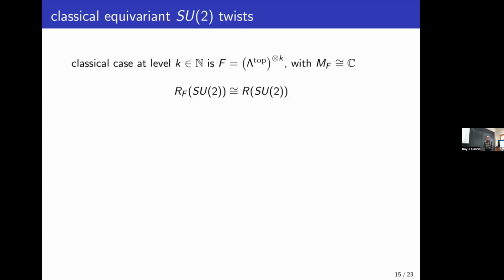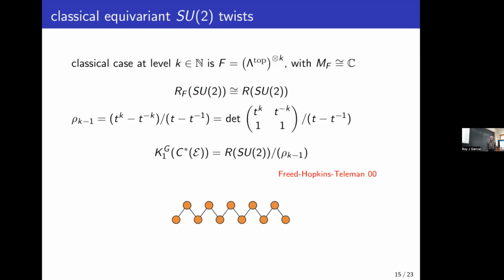In that case, there's no complication with R_F, R, they're the same. And then the K-theory is described by this picture here. The rows correspond to irreducibles here. And the one you killed here, the one you got.